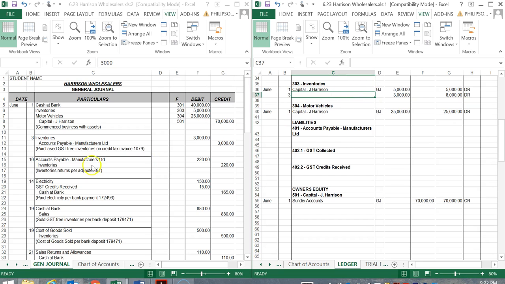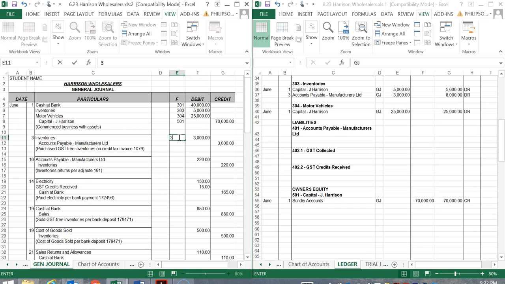Our particulars there: we've bought it from Accounts Payable Manufacturers Limited. I wish they had come up with a shorter name for the supplier and an easier name to type. I always get caught up on this. Manufacturers. Folio that, GJ, and 303.